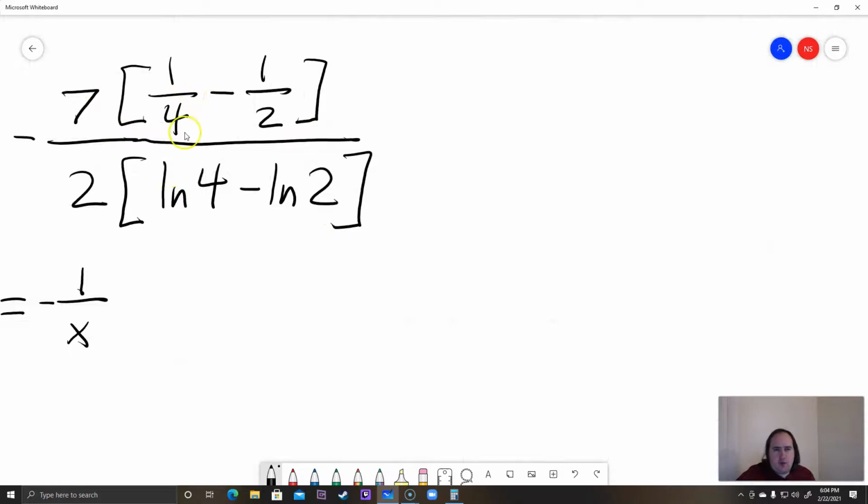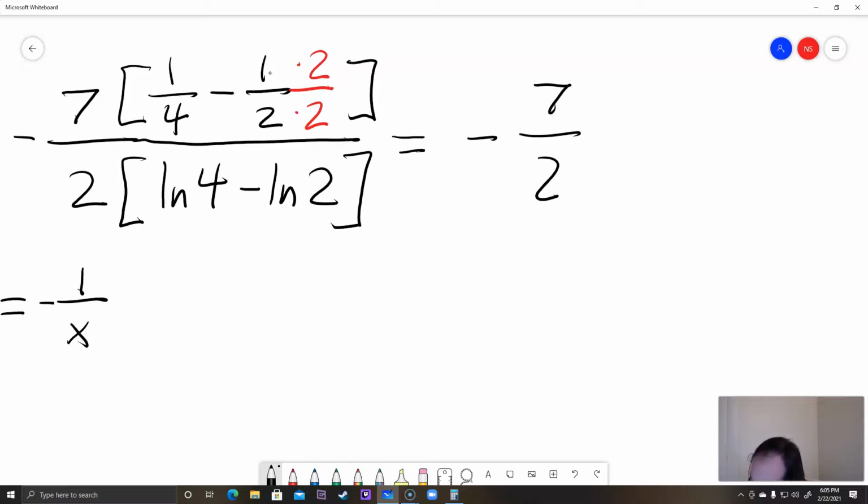So for the 1/4 minus 1/2, we need to build these to a common denominator. I'm going to multiply the 1/2 by what I'm missing, which is 2, so I'll multiply the top and the bottom by 2. Okay, so we're going to get negative 7/2 times, on the top, 1/4 minus 2/4.